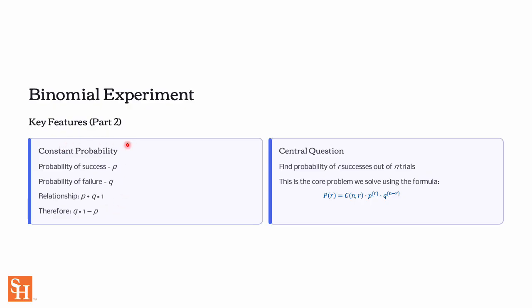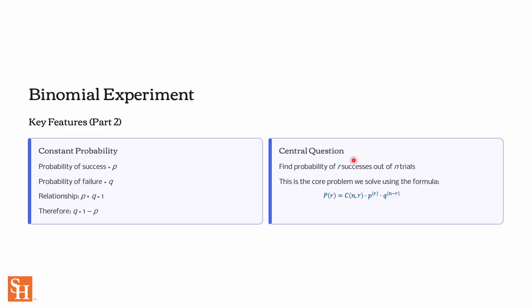The probability must always be constant, and we denote the probability of success with P, and the probability of failure as Q. The relationship is that the probability of success plus the probability of failure must be equal to 1, and therefore Q equals 1 minus P. That means the probability of failure is 1 minus the probability of success.